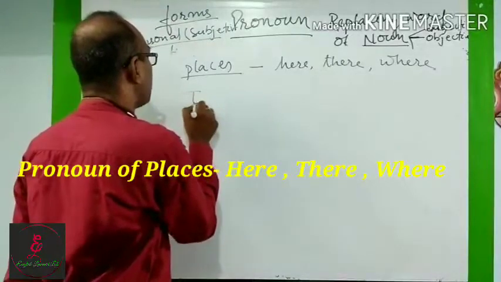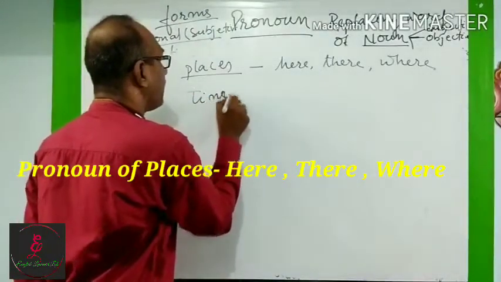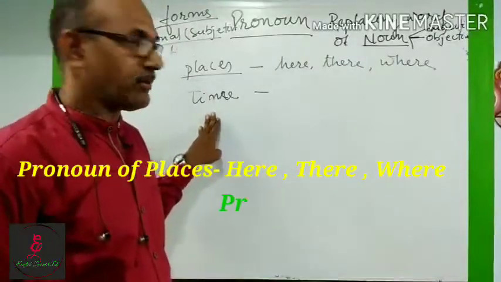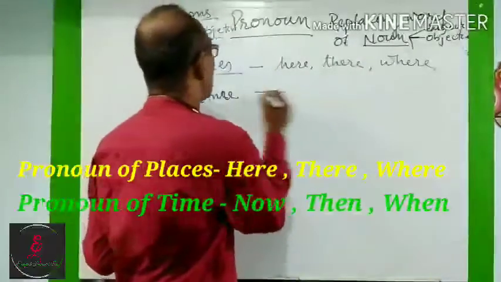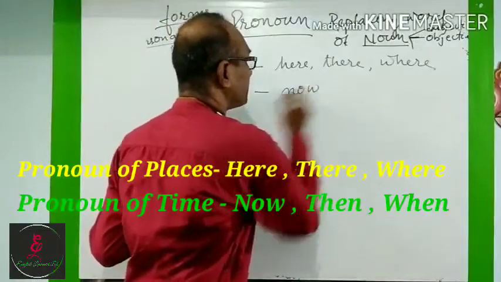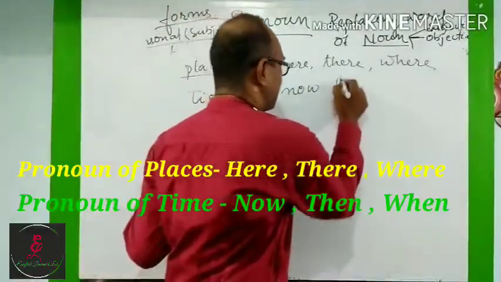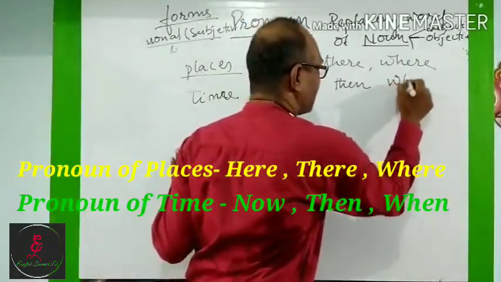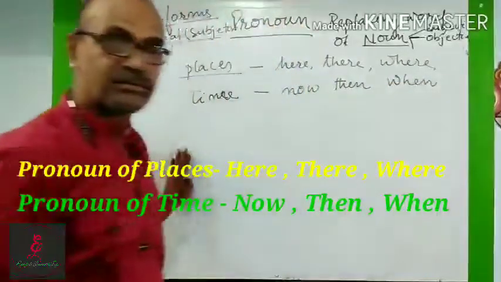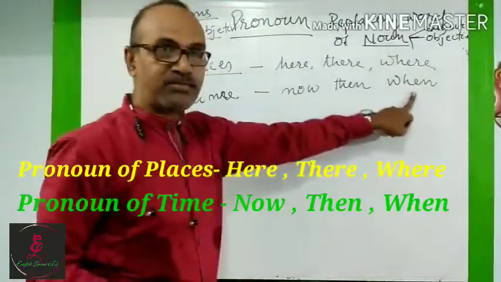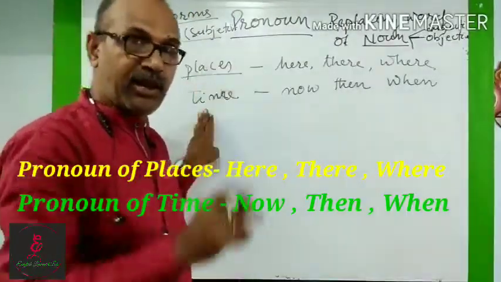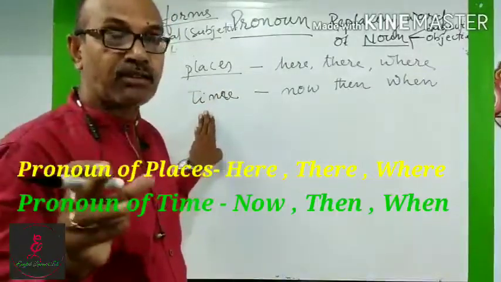And pronouns of time. Under this time, we have now, then, when. So these are the replacements of a time. Okay, a particular day or a week or a month.